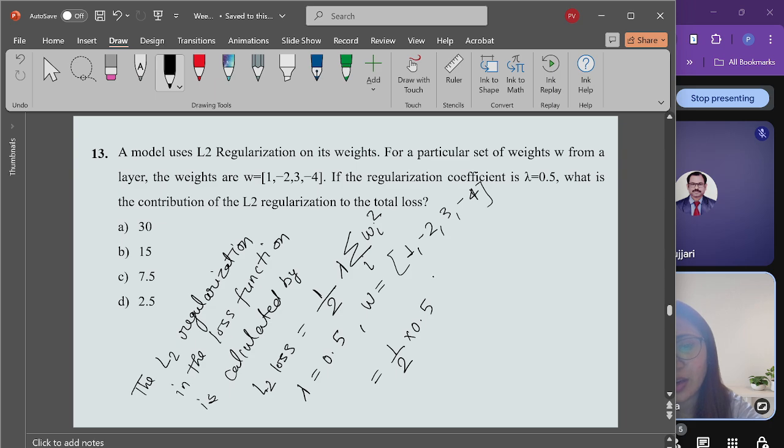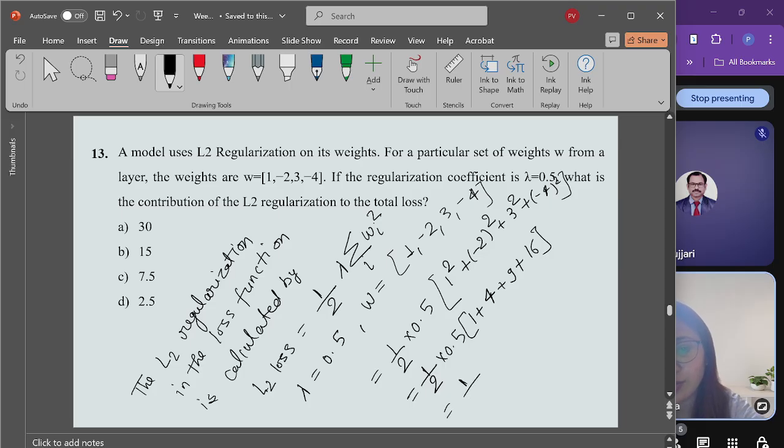0.5 and you have to take the squared summation of all these weights. So 1 squared plus minus 2 squared plus 3 squared plus minus 4 squared. So 1 by 2 multiplied by 0.5, and 1 plus 4 plus 9 plus 16. If you add all these values, you will get 30.